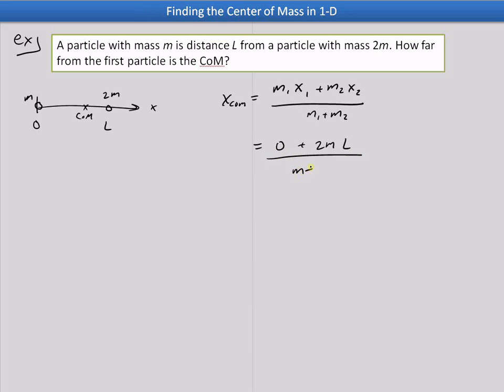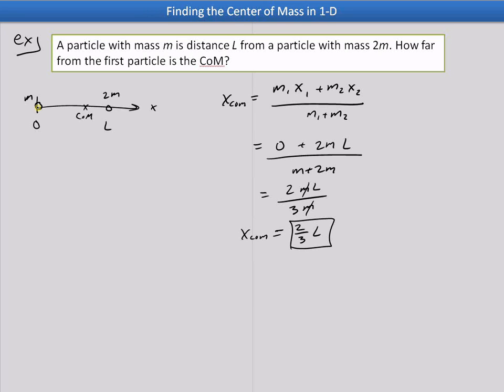So that would be m plus 2m, or 3m. So our fraction here simplifies to 2mL divided by 3m. The masses would cancel out, and the location of the center of mass is equal to 2/3 the total length. And so, sure, that's definitely closer to the more massive particle and further from the other.